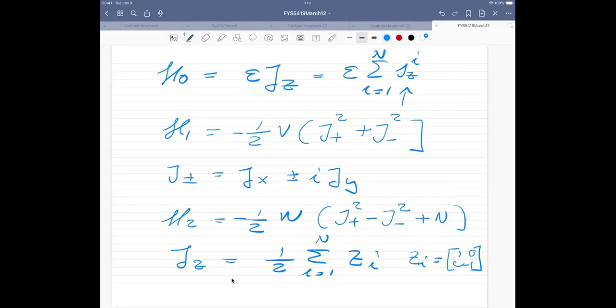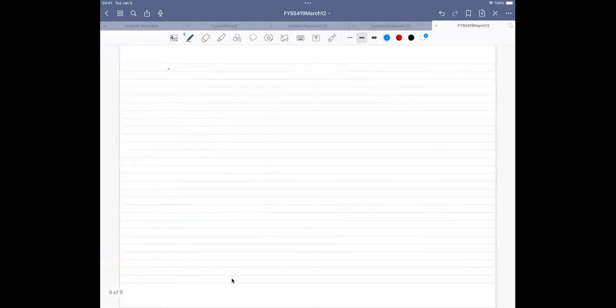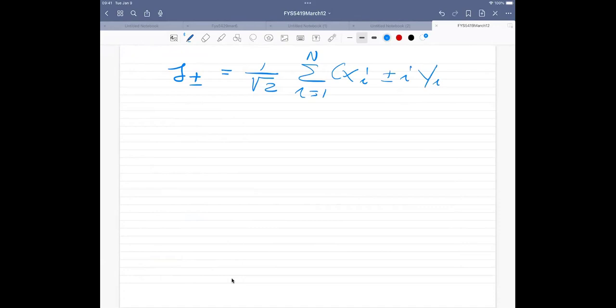These operators, J plus and J minus, can then be rewritten in terms of 1 over square root of 2 times a sum from i equal 1 up to n. And then I have my Pauli x plus minus y multiplied with the imaginary constant i. So that means that if I do that, this is just a Pauli x matrix.